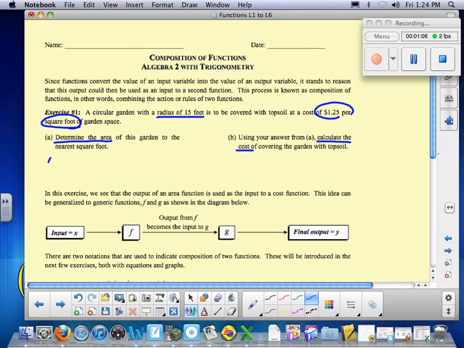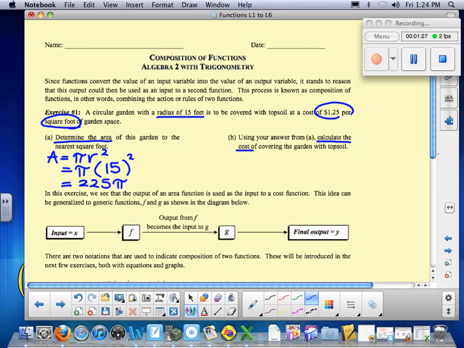So here we go. What's the formula for the area of a circle? Pi r squared. And our radius is? Good, 15. So 15 squared is 225. Pi.